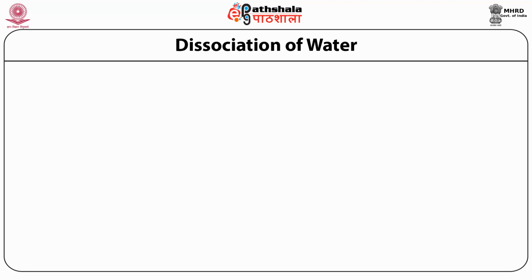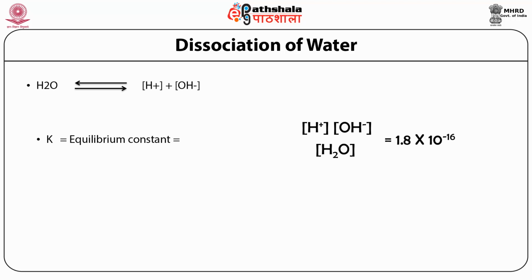This is shown by the equation where H2O is in equilibrium with hydrogen ion and hydroxyl ion, and the equilibrium constant K is denoted by the H ion concentration multiplied by the hydroxide ion concentration and divided by the undissociated water molecule or water concentration. And this is equal to 1.8 × 10^-16.